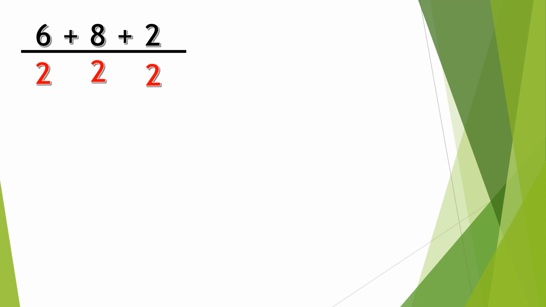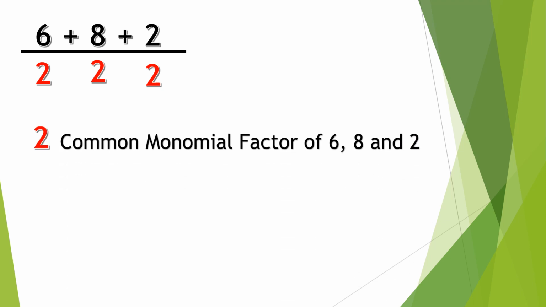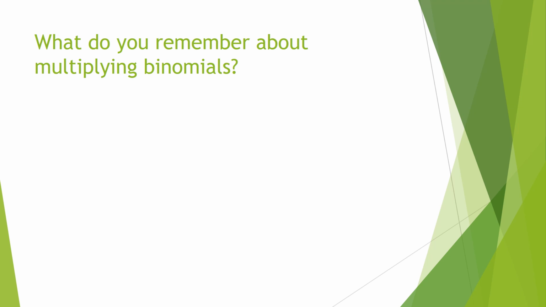Bakit 2? Because 6 is divisible by 2, 8 is divisible by 2, and 2 is also divisible by 2. So, kung ano yung pinakamaliit, yun yung gagamitin natin. So, 2 is the common monomial factor of 6, 8, and 2.